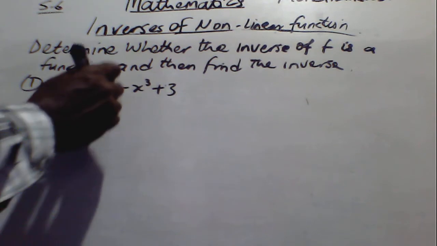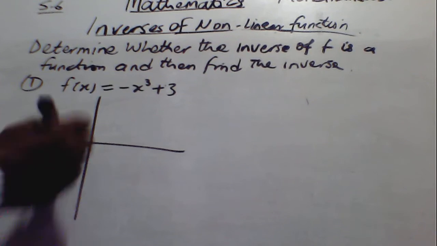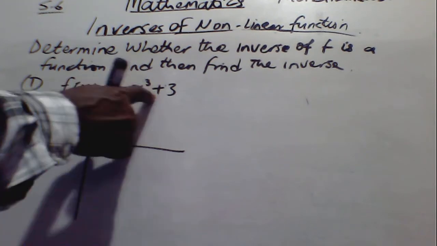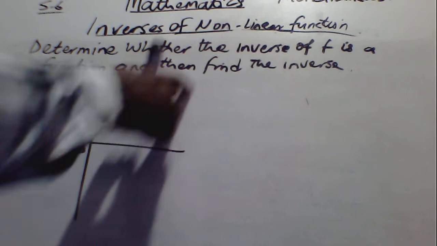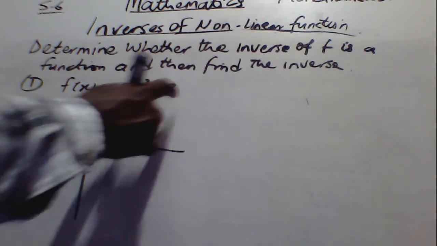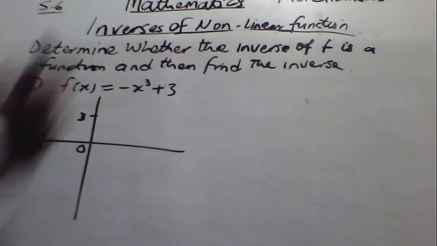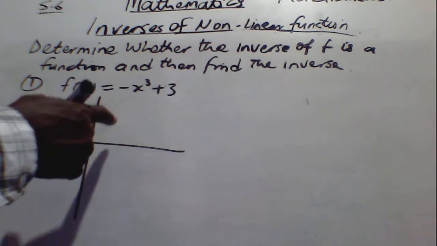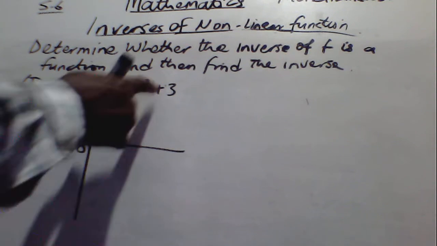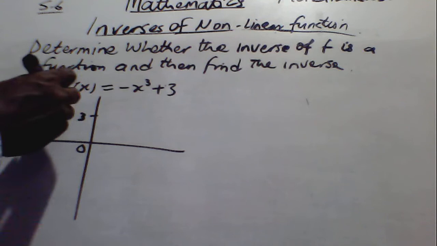So if we graph this function, this is a vertical translation of 3 units, and here it is negative. If it is positive, it will go like this. Because it's negative, we can start from here.